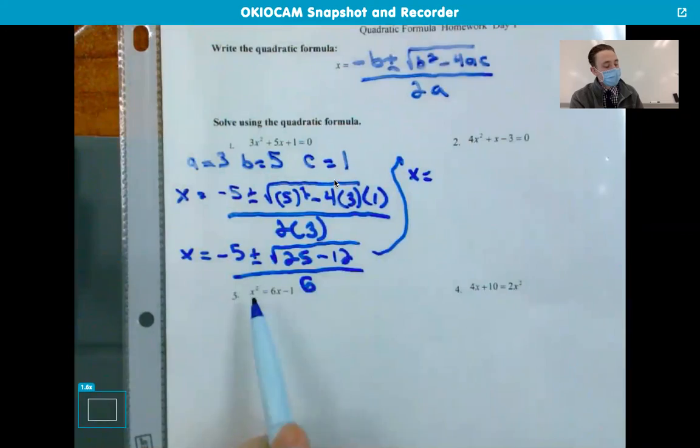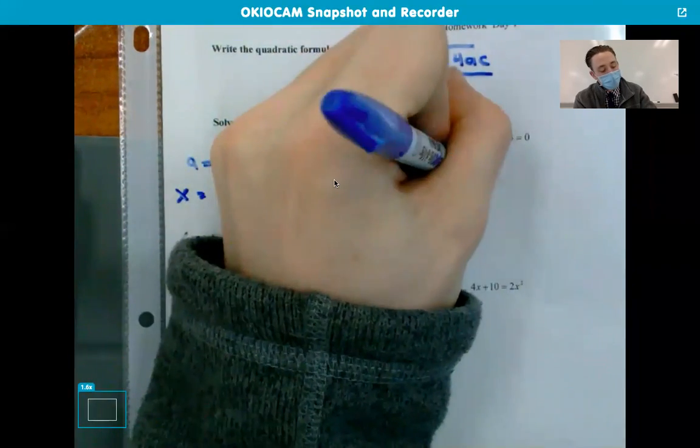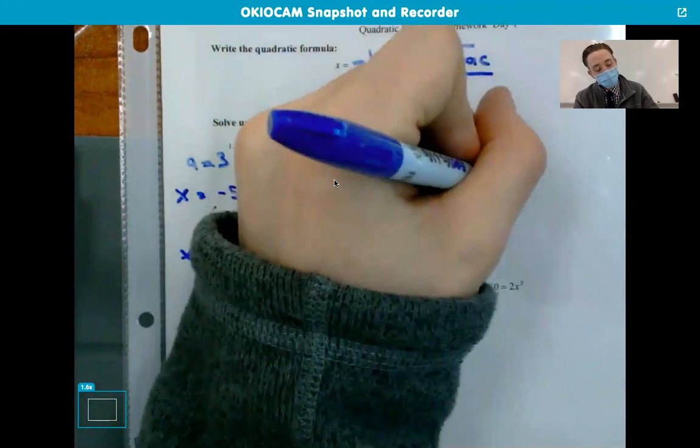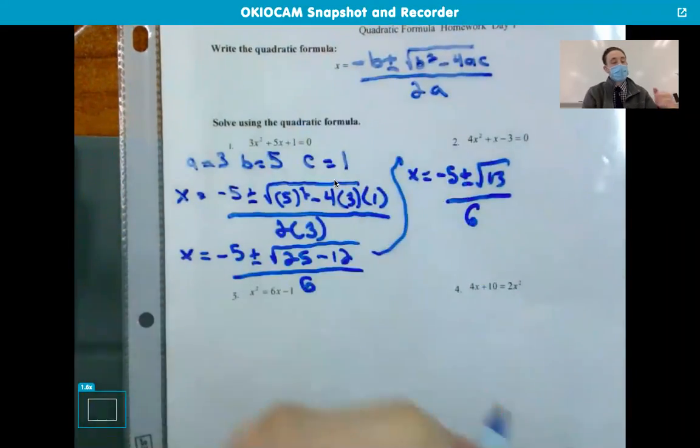The inside of my square root, I still have the negative 5 plus or minus. That's going to simplify to 13 over 6. Well, the square root of 13, is that a perfect square? Can I break that down any further?